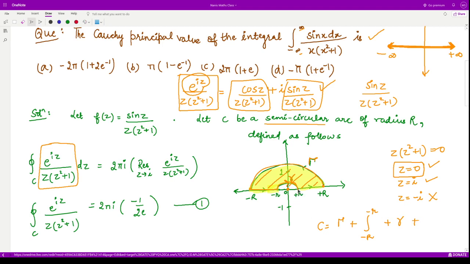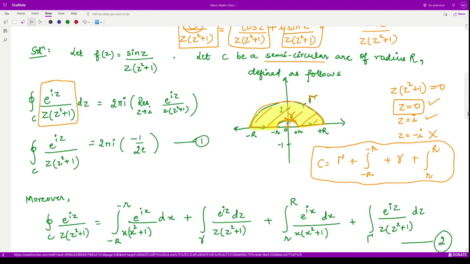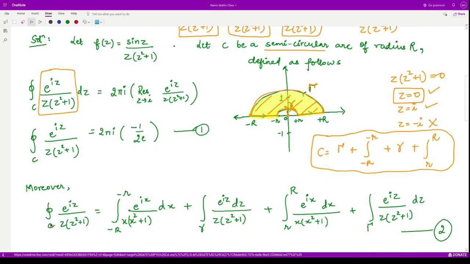And then it would be from plus small r to plus capital R. So here your C is converted into this form. The integration over the closed curve C of this particular function is now converted into these four terms as I have just discussed.